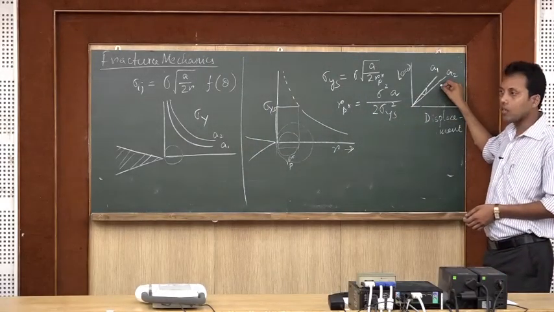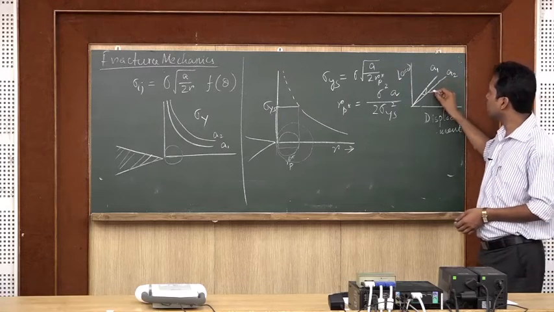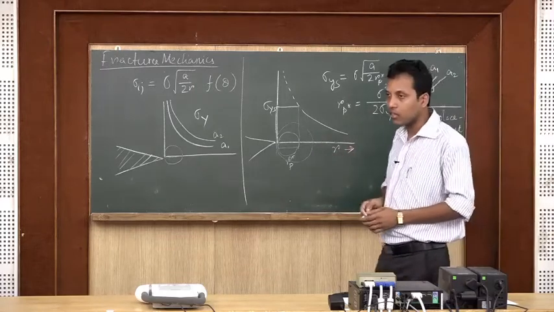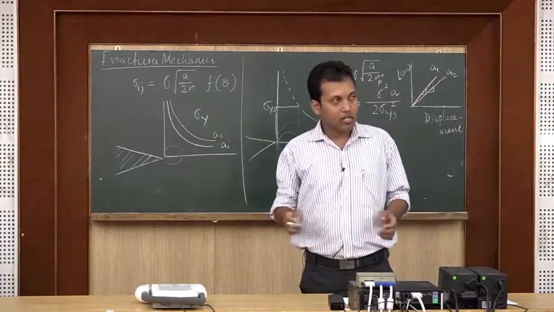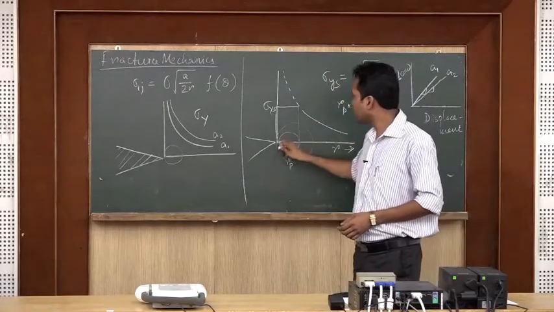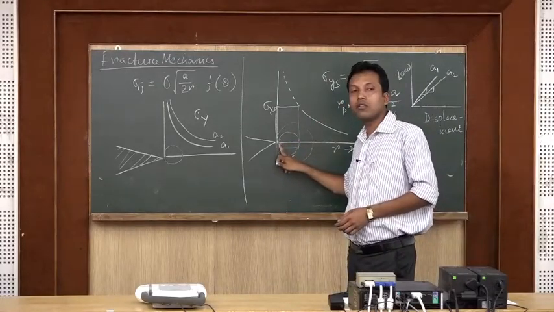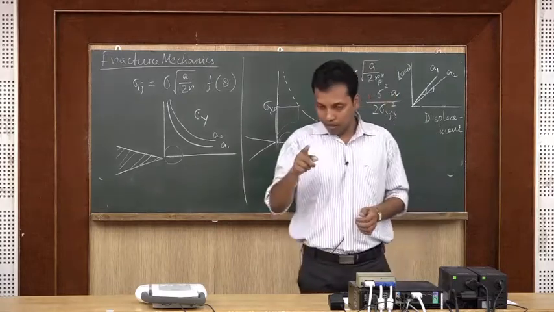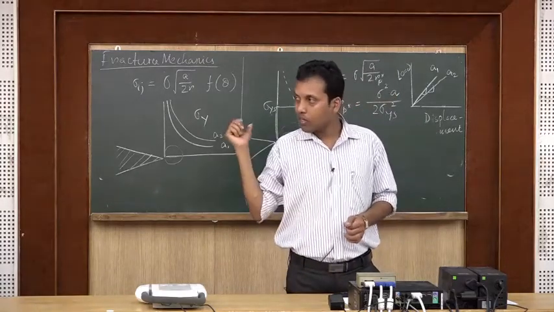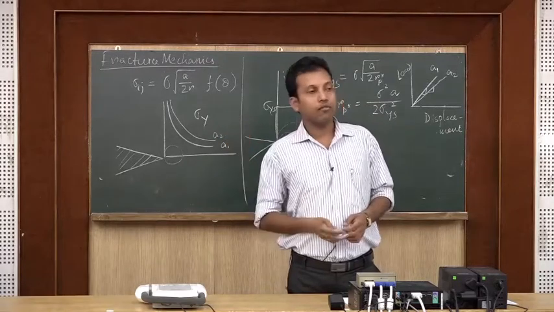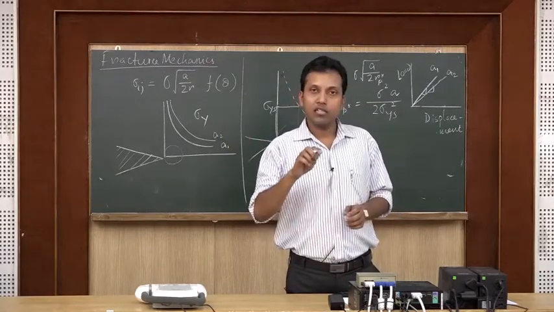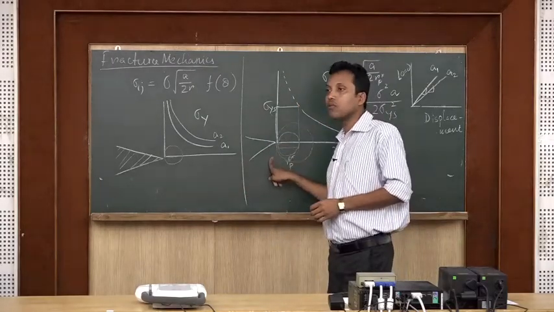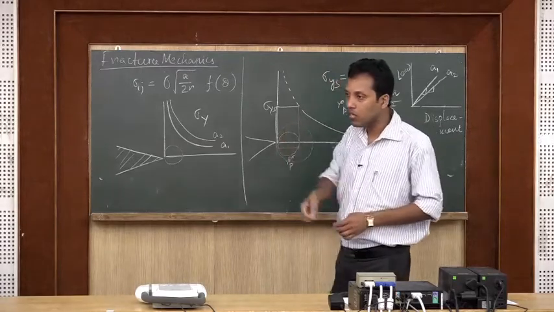If the stiffness of a material reduces, that is analogous to increment in the crack length, and in this case we have to consider as if there is some extra crack length. Although we have a practical crack length A, we have to consider as if the crack length is a little bit larger than the crack length which is actually present.